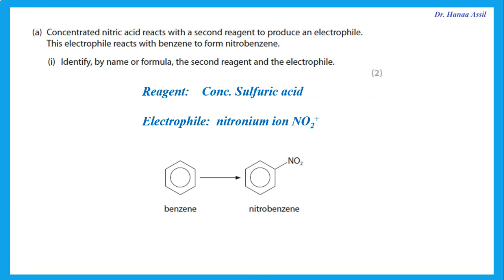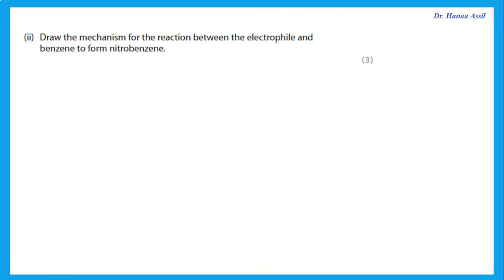So when we're reacting benzene with concentrated nitric and concentrated sulfuric acids, we form the nitrobenzene because they're going to react with the electrophile, which is the NO2+.